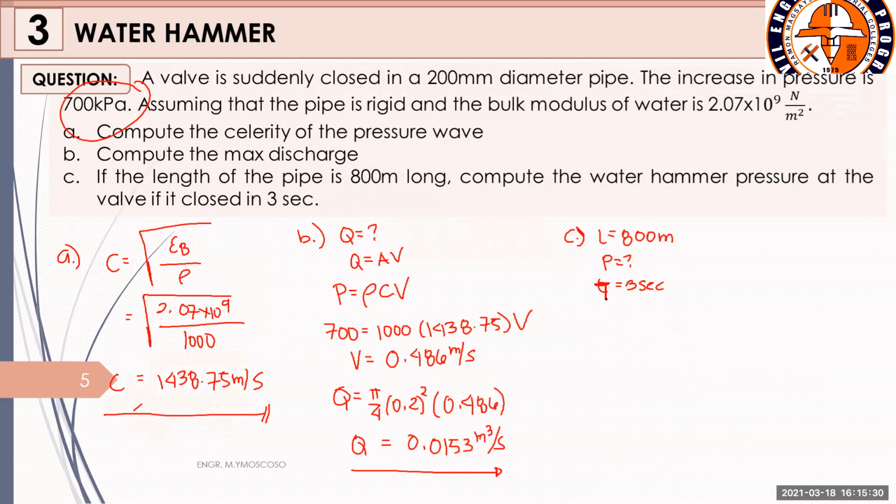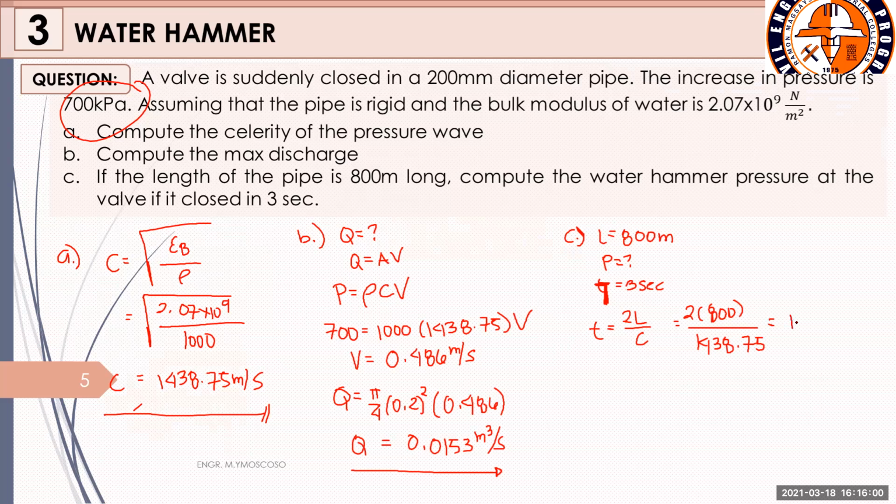That would be capital T dapat kasi yan yung sa situation na binigay. So let us try to compute the time of closure based sa ating formula. Ano yung oras na pwede siyang magsarado na wala tayong water hammer pressure? That would be 2 times 800 divided by the celerity, which is 1,438.75.